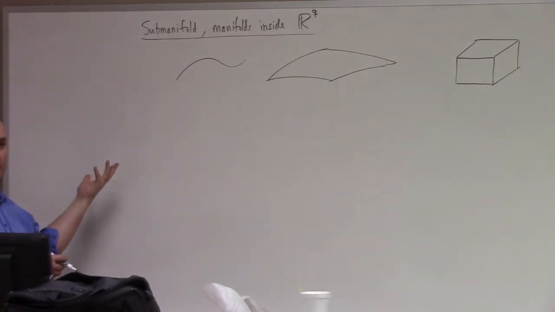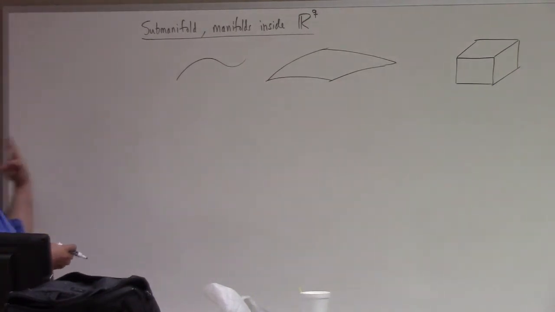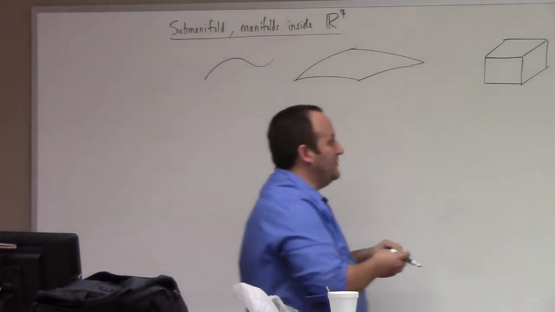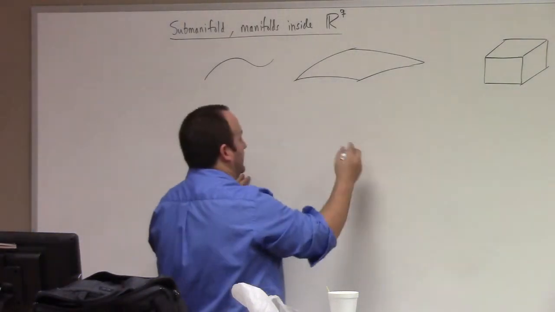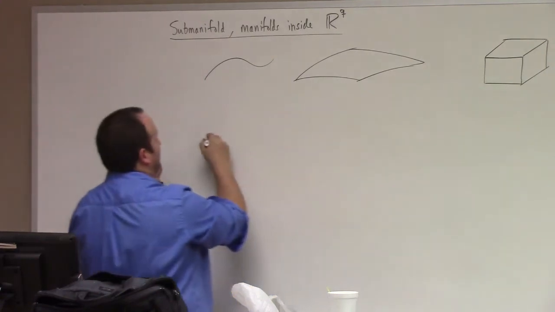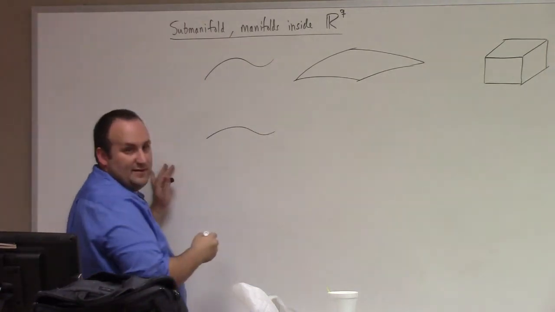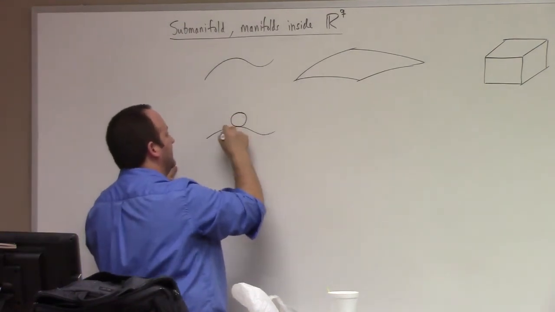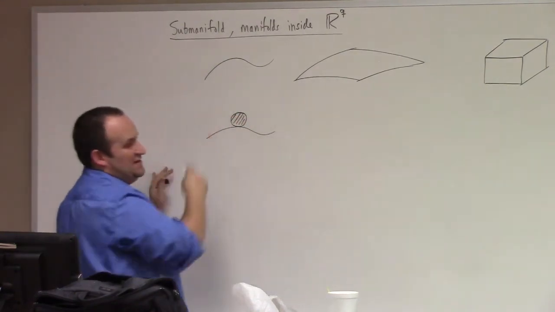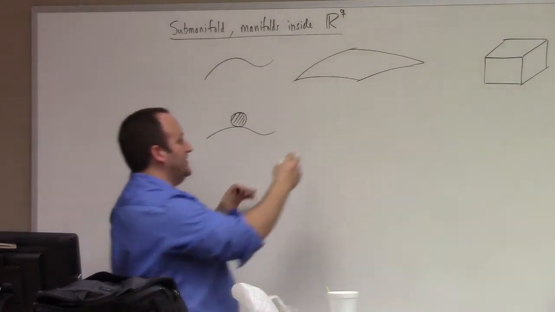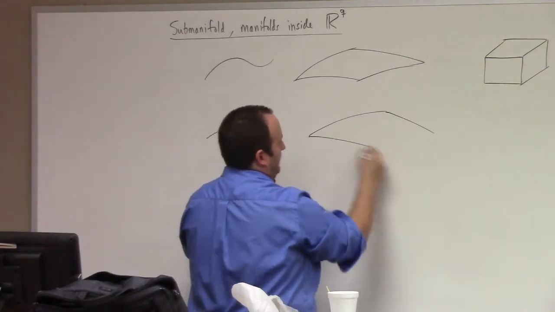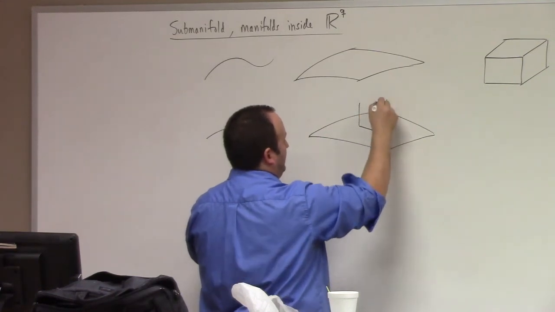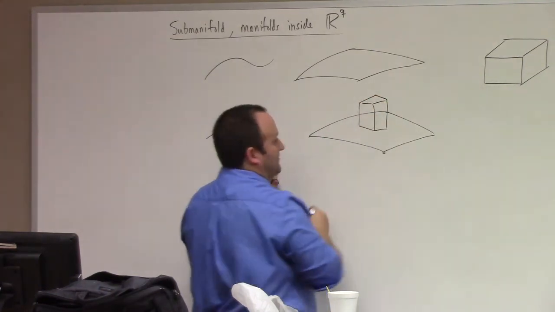And one thing that wouldn't be a manifold in our view would be something like: I take this line, and then I just attach a disk to it here. Or I take this surface, and then I build a building on it, and call that a manifold. No, you can't do that.